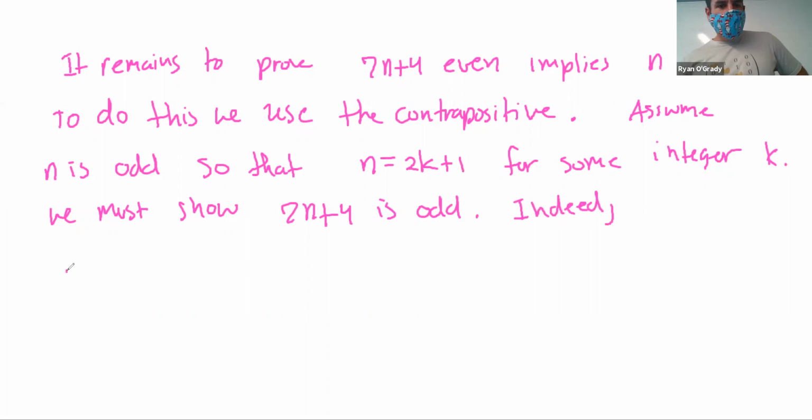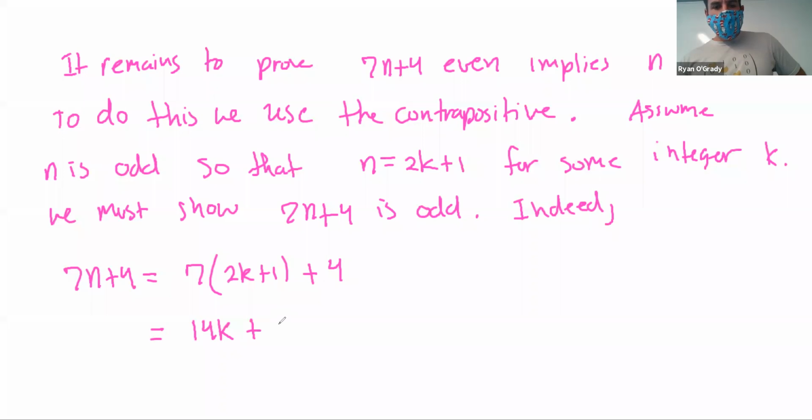Indeed, what is 7n plus 4? 7n plus 4 is 7 times 2k plus 1 plus 4, which, if I creatively write this, is 14k plus. Remember, I don't want to write this as 11. I want to write this as 10 plus 1. And when I do it this way, I get 2 times 7k plus 5, all plus 1.